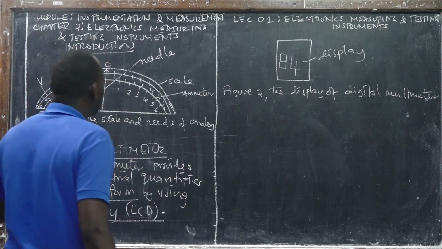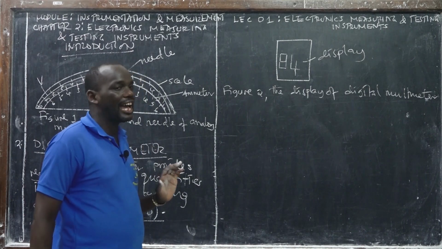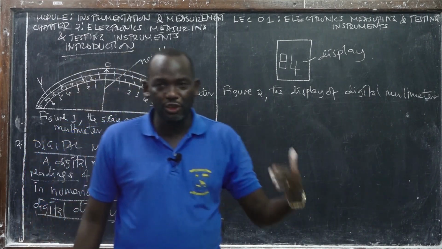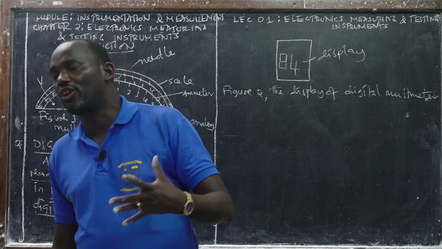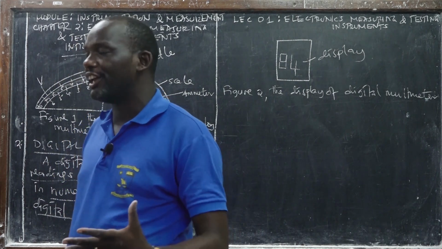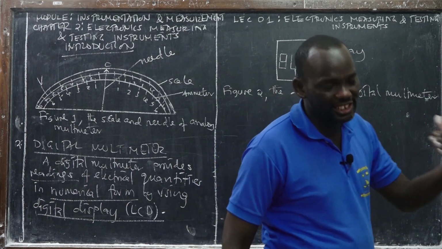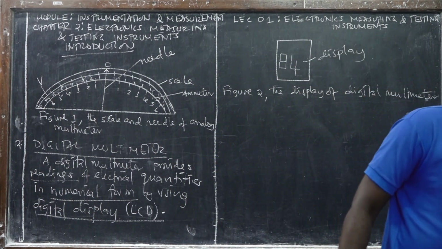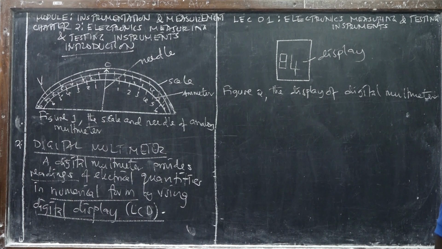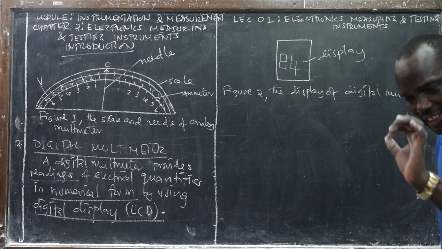This is the response. Analog multimeters are still used in electronics and electrical measurement because they have better sensitivity than digital multimeters. So the matter is sensitivity.